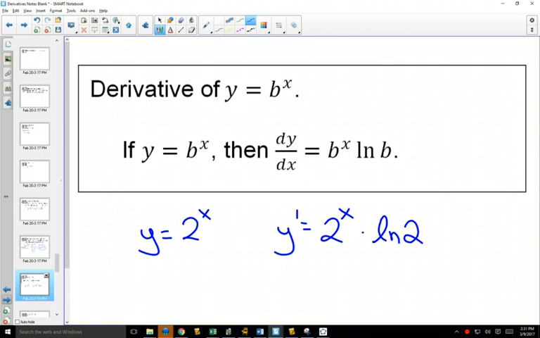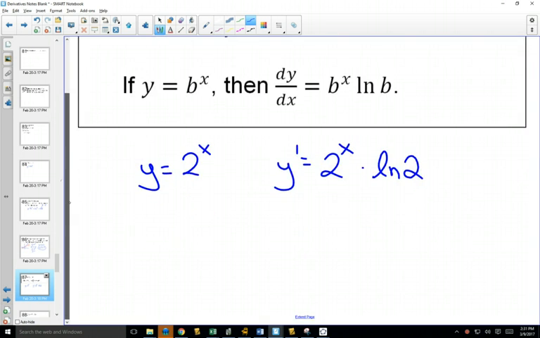So I'm going to give you a little proof of why this works. I'll use 2 to the x as a number, but the way to figure this out is for us to try to write 2 to the x as e to the something. Okay.